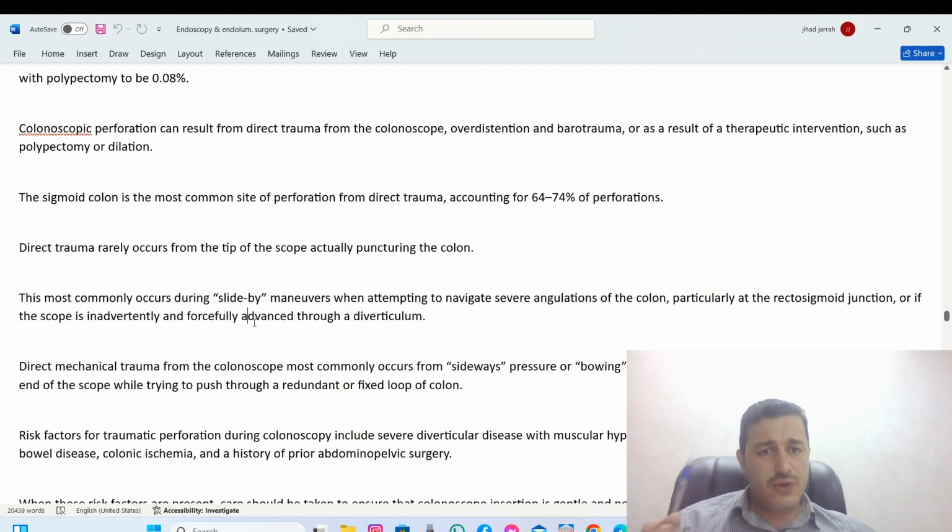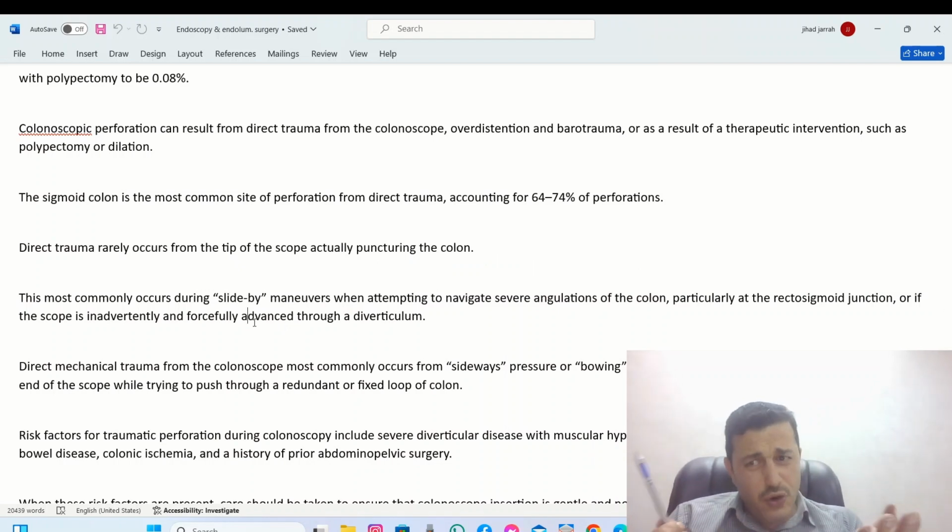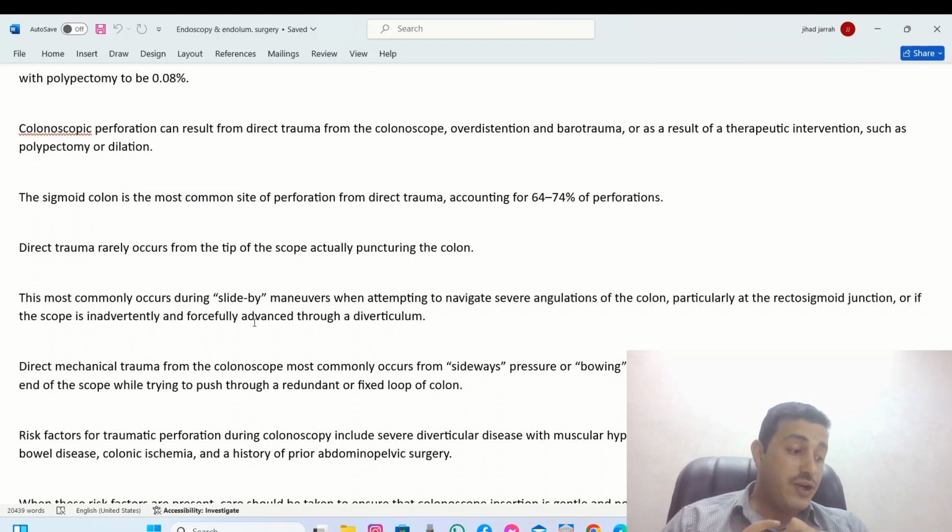These perforations are usually in the proximal part of the bowel. Of course, there are risk factors for perforation related to direct trauma, for example, severe diverticular disease, severe inflammatory bowel disease, ischemic colitis, history of previous surgery.